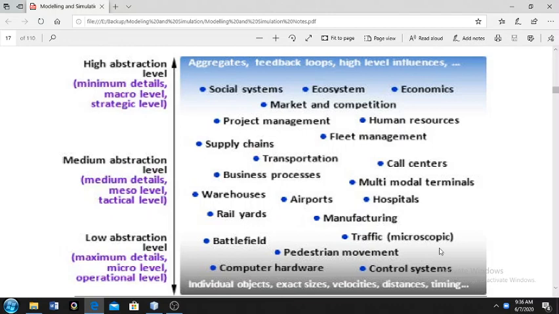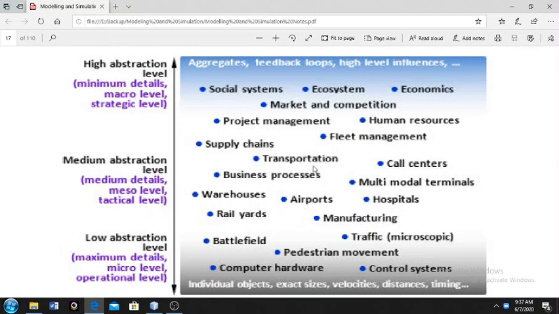If you read a few from the bottom to the top: in control systems, computer hardware, battlefield, traffic, manufacturing, rail yards, warehousing, hospitals, call centers, business processes, supply chain, fleet management, project management, human resources, markets and competition, economics, ecosystems, social systems. So you see, you can apply simulation in almost all areas.